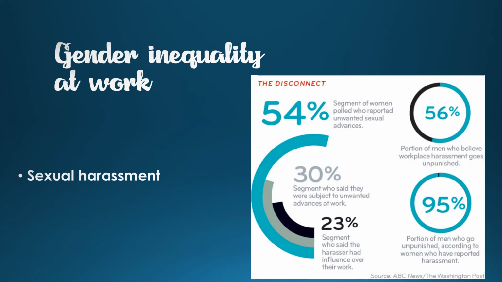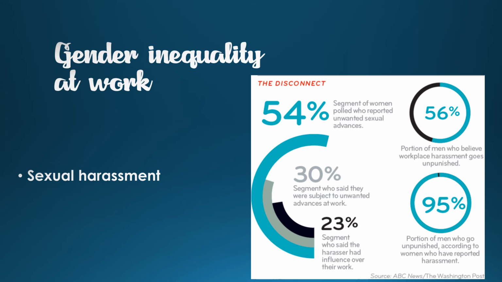So there was a recent study conducted by ABC News and the Washington Post, and what they found is that 54% of women who were interviewed actually reported some unwanted sexual advance in the workplace. What's really fascinating about this data point is that oftentimes men think that sexual harassment gets punished, so that people who are harassers or perpetrators of sexual harassment get what they deserve.